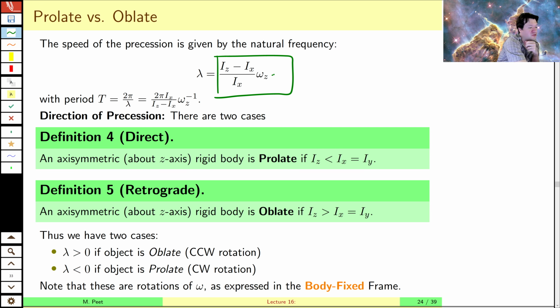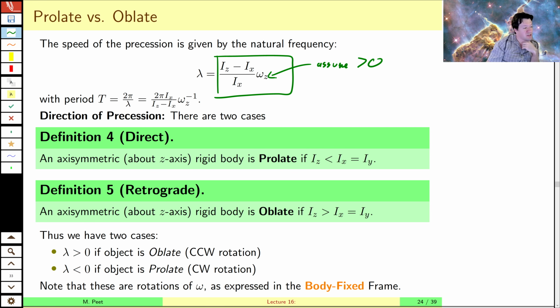Well, first of all, we'll assume that omega z is positive. Assume that omega z is positive. Otherwise, all the stuff switches. But we're assuming that the component of rotation around the z-axis is counterclockwise. So that's important to do. Make that assumption.